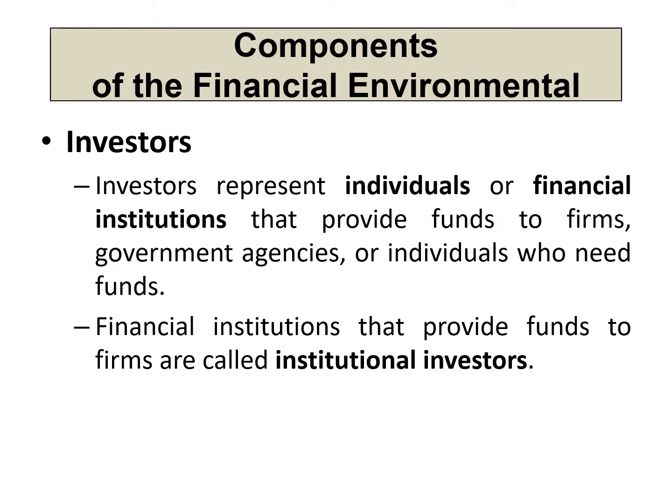The second component is investors. Investors represent individuals or financial institutions that provide funds to firms, government agencies, or individuals who need funds. Financial institutions that provide funds to firms are called institutional investors.